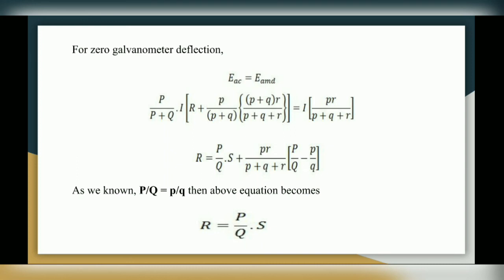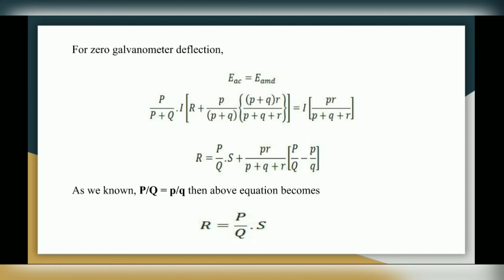So we can write it as P upon P plus Q into I in bracket R plus P upon P plus Q in bracket P plus Q into R upon P plus Q plus R bracket complete is equal to I in bracket P into R upon P plus Q plus R. So by solving this equation we get R is equal to P upon Q into S plus P into R upon P plus Q plus R in bracket P upon Q minus small p upon small q.